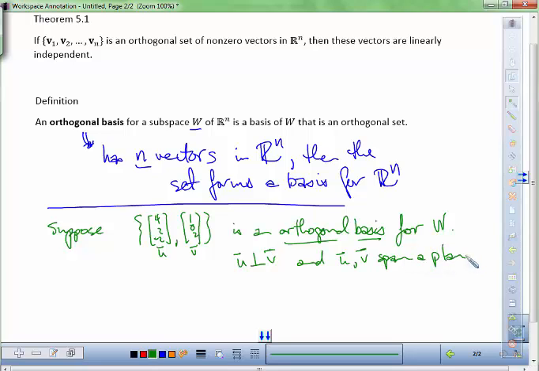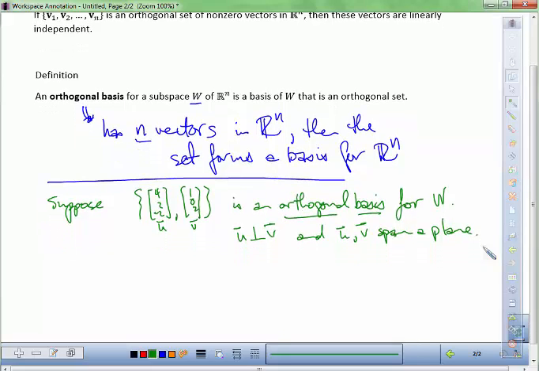And since they're orthogonal and they span a plane, which is a proper subspace in 3 dimensions, then we can say that this is an orthogonal basis. And just for a little bit of review, since we're getting close to the final exam, what is one good, quick way to represent this plane?